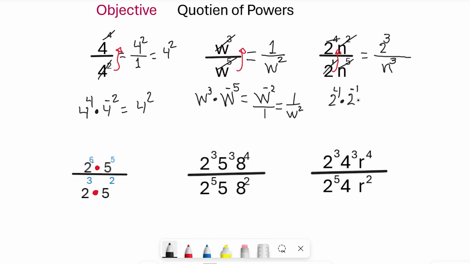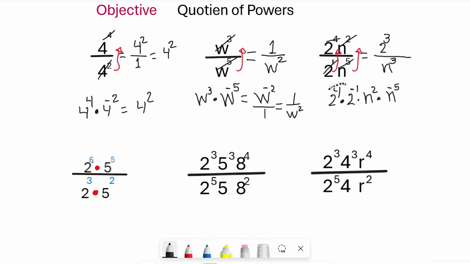Then this is gonna be times n to the second power, and then you see n to the fifth, you're gonna bring it up. And it used to be dividing, now it's gonna be multiplying. So you're gonna end up with times n to the negative fifth power.